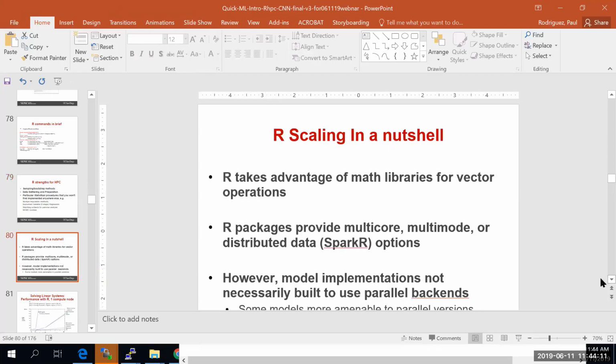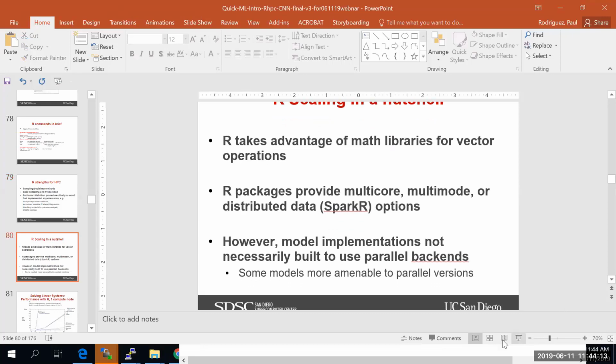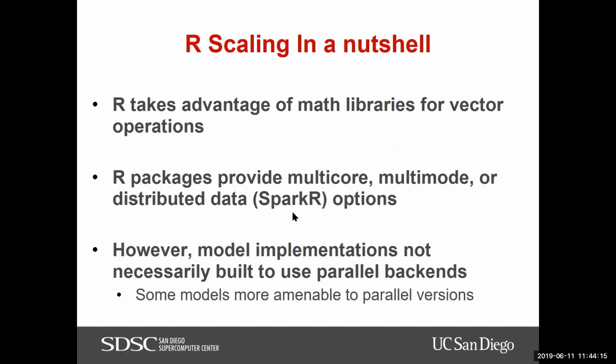When we're scaling R, there are different things that you can do. R does take advantage of the math libraries for vector operations, so certain vector operations can be pretty quick in R, just running on a single node. There are ways to do multi-core and multi-node calculations.